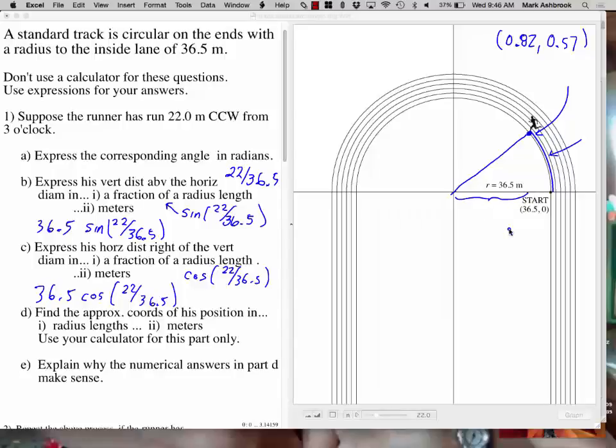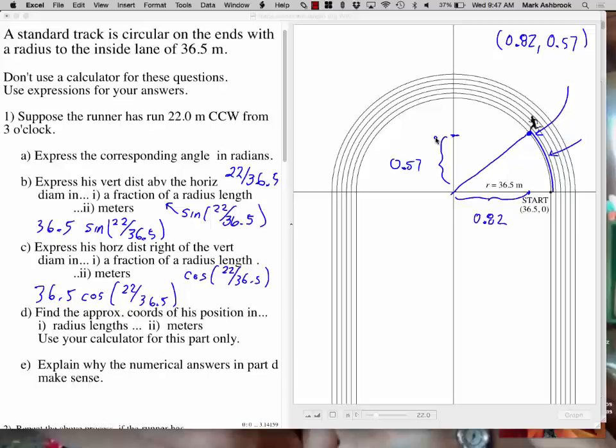So radians is for openness of angle. So rather than radians, you mean to say radius lengths, right? Radius lengths. Yeah. So this horizontal distance is about 0.82 of a full radius, right? So it's like 4/5 of a whole radius, and then he's a little bit further than halfway up this way. That's your 0.57, or a little bit more than halfway up to the top. 57% of the way up.